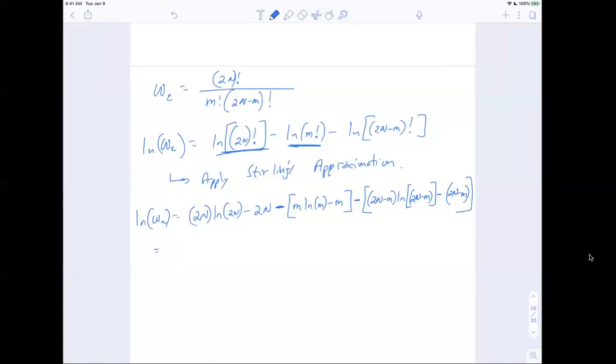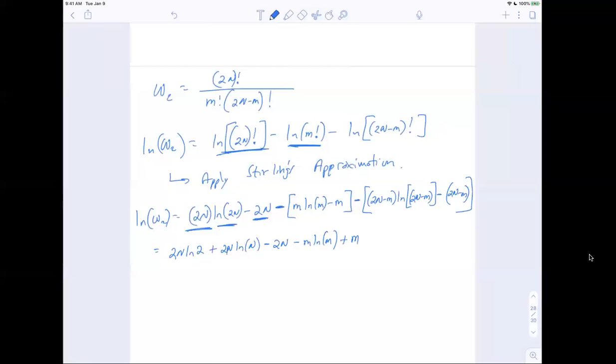Since we have a log of 2n here, I'm just going to say that this is going to be 2n log of 2 plus 2n natural log of n. I just broke up that log. So we have 2n times the log of 2 plus 2n times the log of n minus 2n. So I've taken care of this term. Now I'm going to look at the first bracket. So that's going to be minus m natural log m plus m.